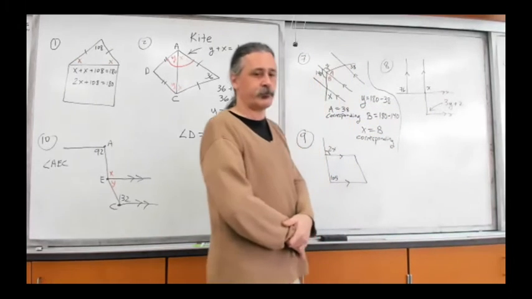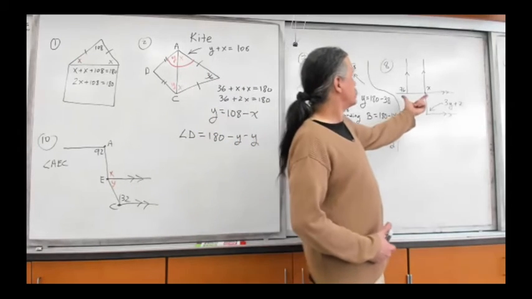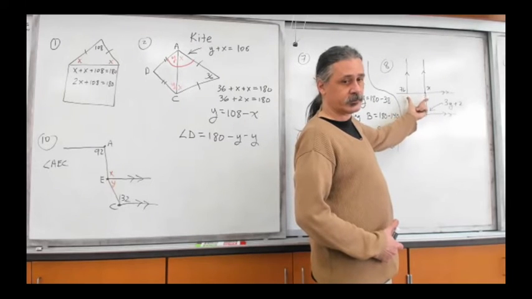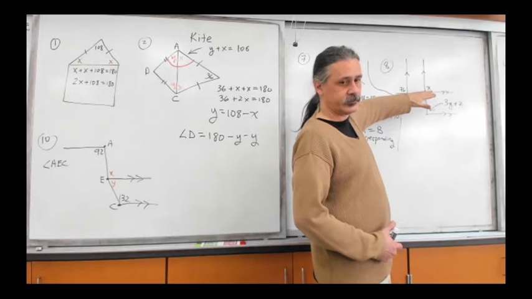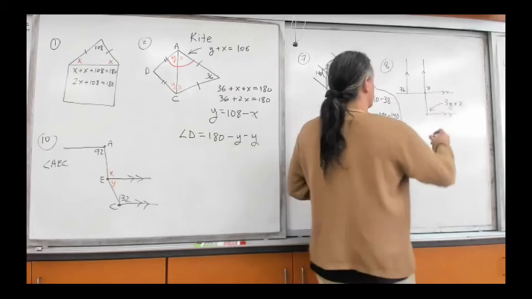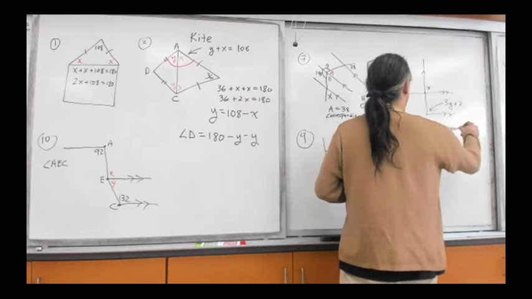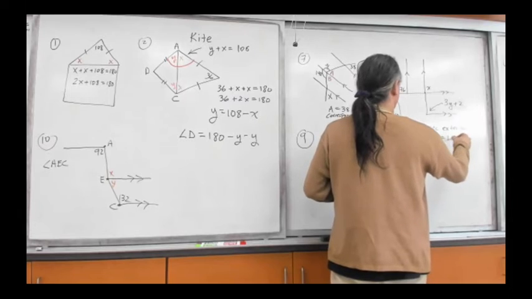So we're going to have to use parallel line transversal geometry. Notice the X and the 76. They're both exterior to the parallel lines, and they're both above the transversal. So they're consecutive exterior. That means they're supplementary. 76 plus X equals 180.